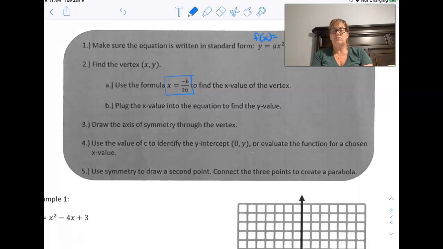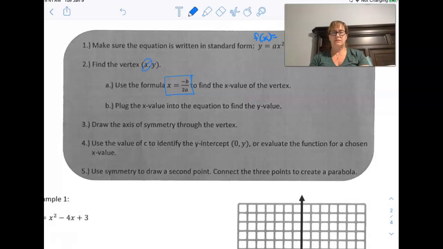That will always give you your x value that you put into this ordered pair right here. Part B is to take that value that you get, plug it back into your original quadratic equation, and find out what your y value is. We did something very similar to this when we were graphing lines as well.